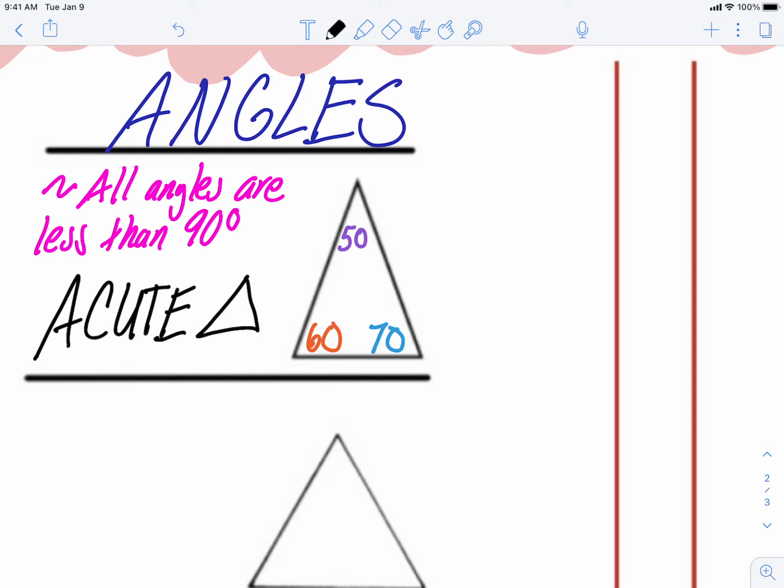This triangle is acute because all the angles are less than 90 degrees. 50 is less than 90, 60 is less than 90, and 70 is less than 90.